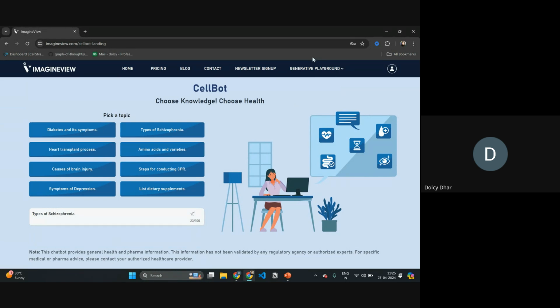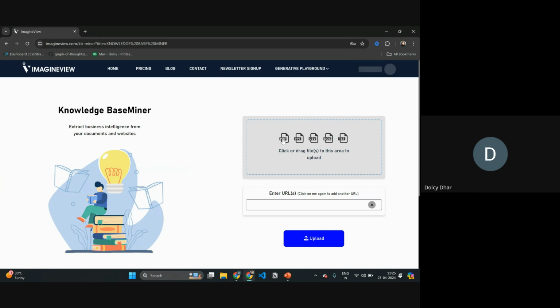For now, if you want to talk to your own databases or your own PDF files, you can use our other product called Knowledge Base Miner, where you can use PDF, PPT, CSV, doc and text, and even URLs, and perform RAG on those and understand your own documents better.